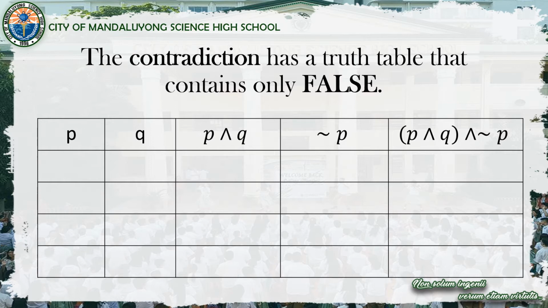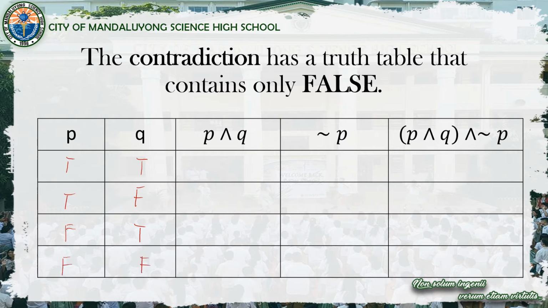Let us first place in the possible truth values. Possible na both P and Q are true. P is true, Q is false. False ang P, Q is true, and then both are false.